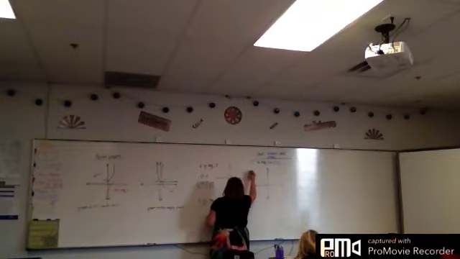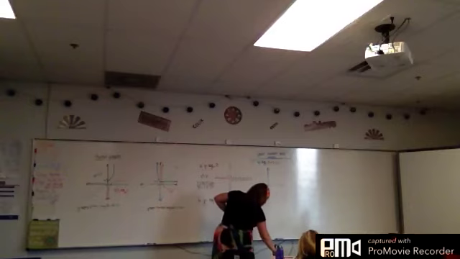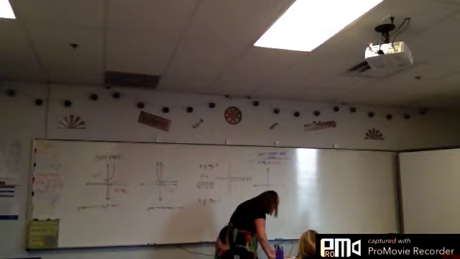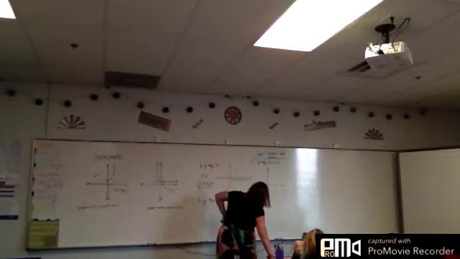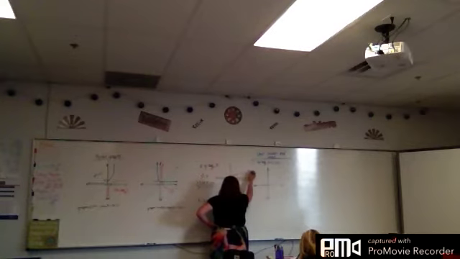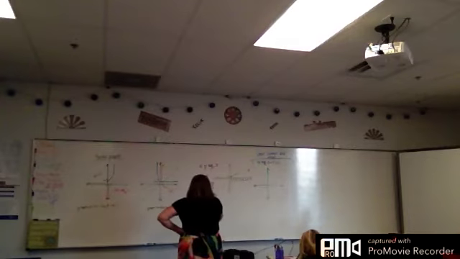So this is what my graph would look like, correct? Okay, so I have a graph that's kind of going like this. Now, I have a problem though. I have a problem.